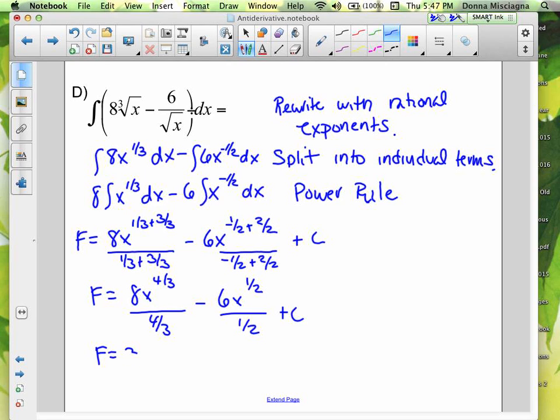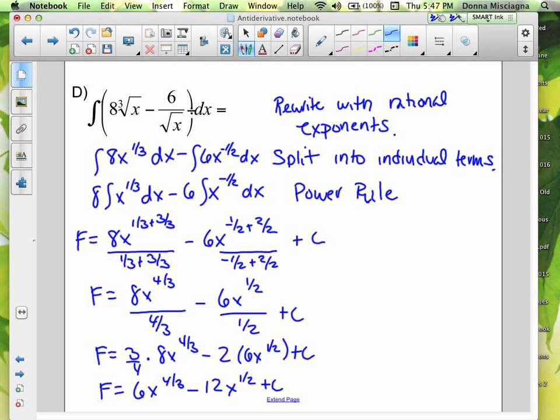So that would be 3/4 times 8x to the 4/3 minus 2 times 6x to the 1/2 plus c. And so that would be 6x to the 4/3 minus 12x to the 1/2 plus c. Or if you want, you can make that a square root, but it's fine like that.